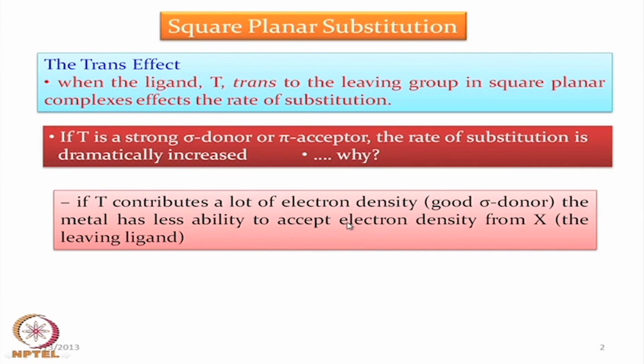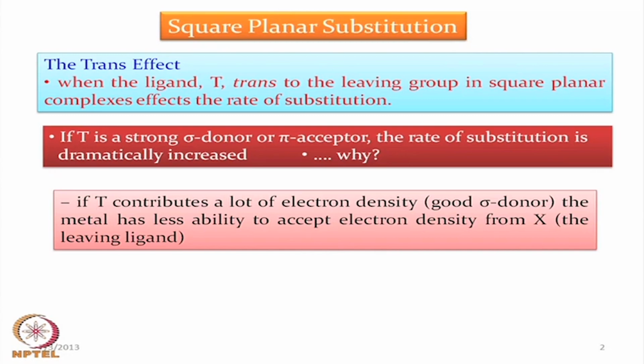As a result, the metal will engage to a lesser extent with the electron density available from the X which is going out of the metal center. So, X can nicely go out due to the higher trans effect of the ligand attached to the metal center.